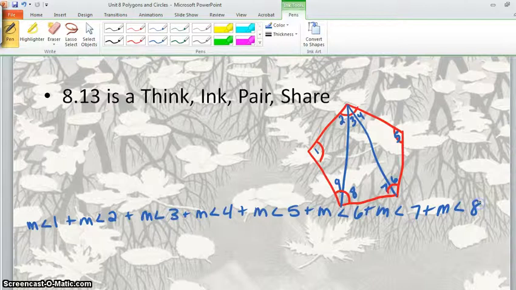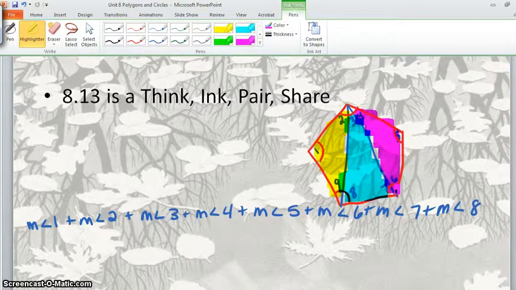That have to equal the same as these three angle measures plus these three angle measures plus these three angle measures.